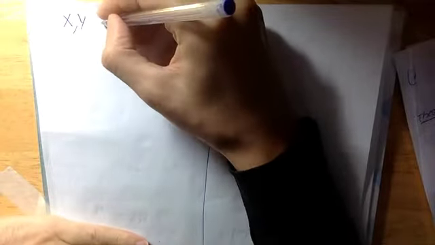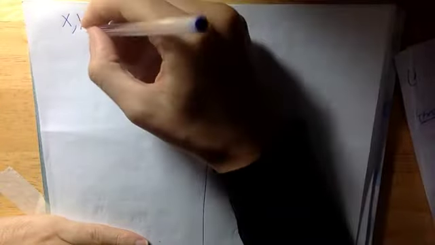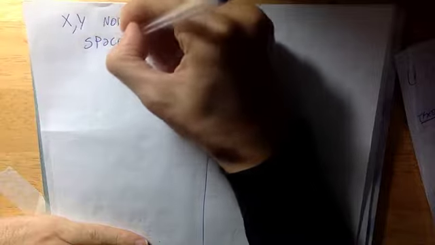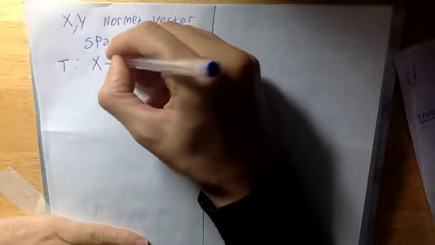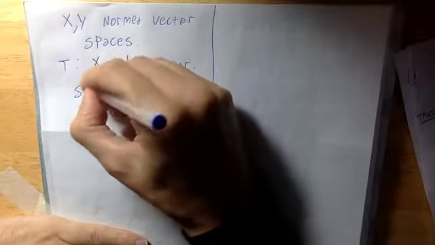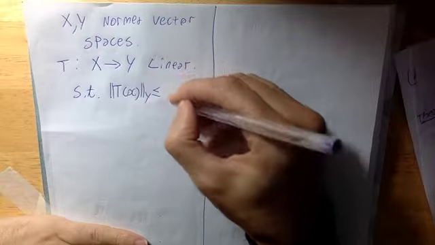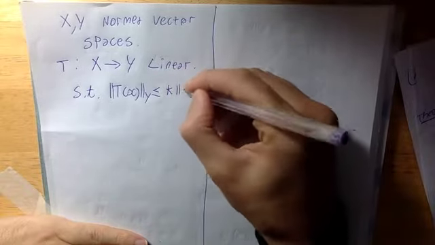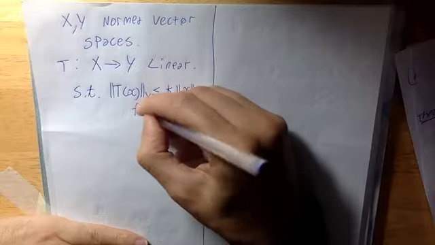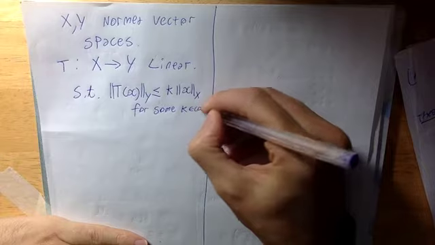We are considering X and Y, which are normed vector spaces, and we consider the set of linear operators T from X to Y, such that the norm of T of x in Y is less or equal than k times the norm of x in X, for some k in (0, infinity).